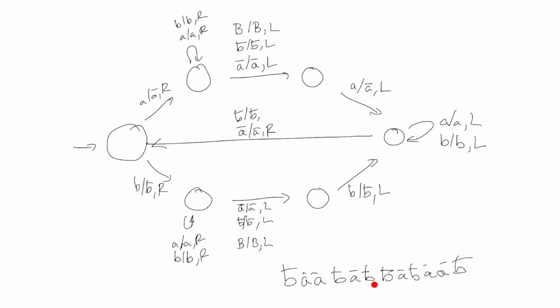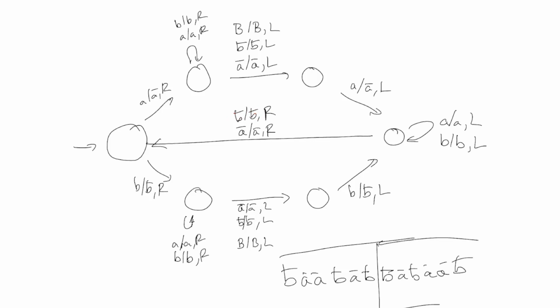It is now pointing, in this case, at the middle of the string, if this is a string with two pieces. This B bar L, change that to a B bar and then move left here. This loop won't do anything because it's not unmarked. And so this edge here, sorry, I left out, there should be an R there.